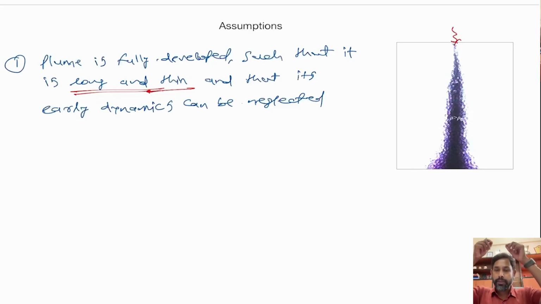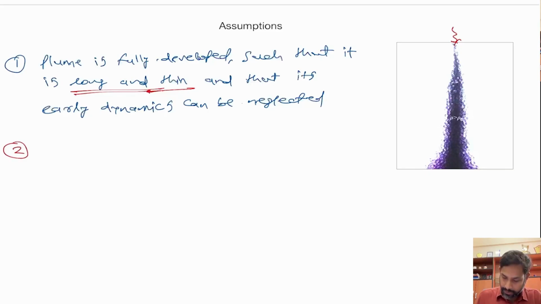It will generally be very long in the vertical direction and thin in the horizontal direction, right? So in these kinds of cases, we can assume the plume to be fully developed, and then we don't have to worry about what happens when the flow just began. So we assume that this is a late time plume.